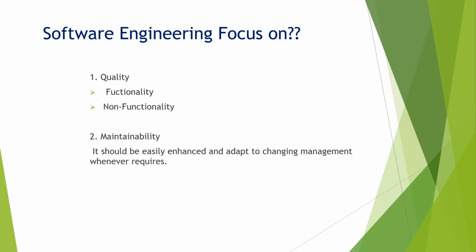Quality matters while software is being developed, and maintainability after the software has been developed and delivered. And software should be easily enhanced and adapted to changing requirements whenever required. So software engineering focuses on these two things.